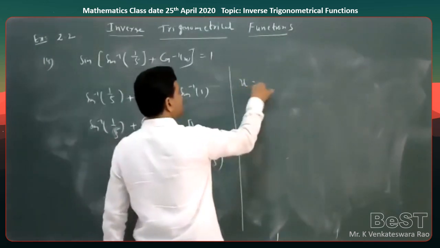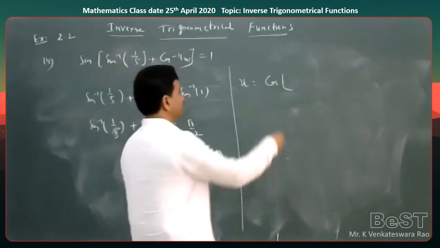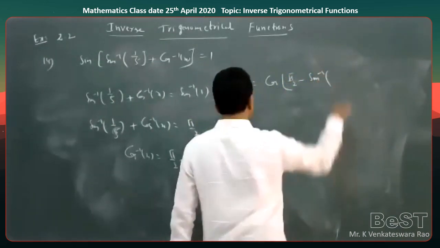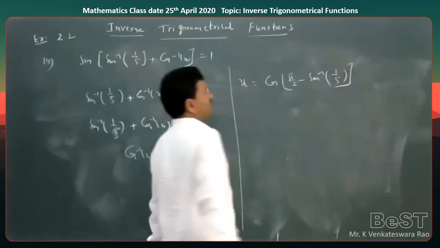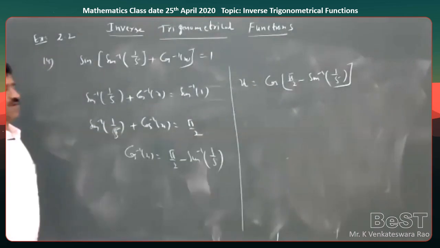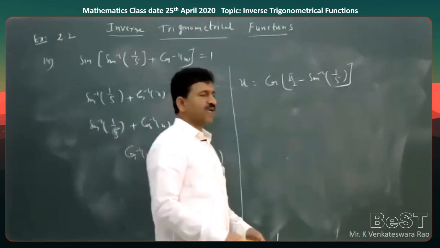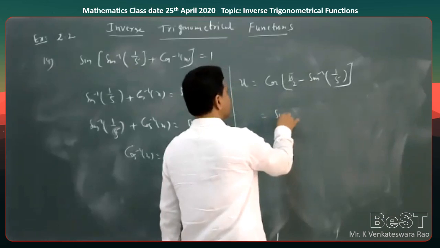So x is equal to cos of (pi by 2 minus sine inverse of 1 by 5). What is the cos of 90 minus theta formula? Sine theta it is.